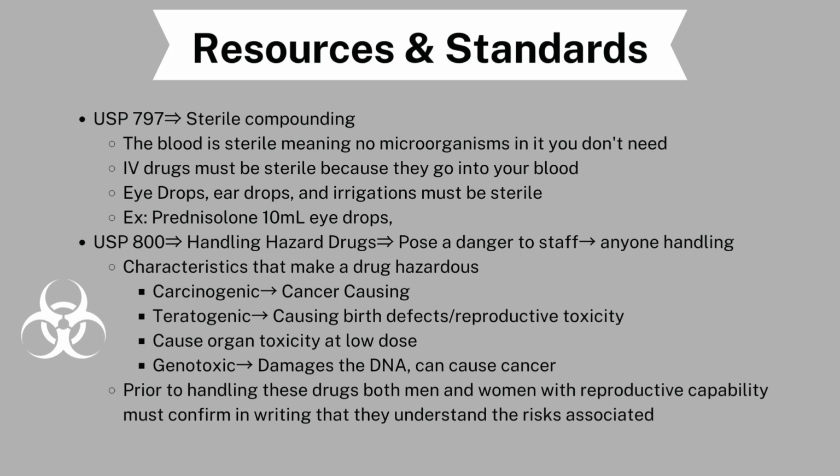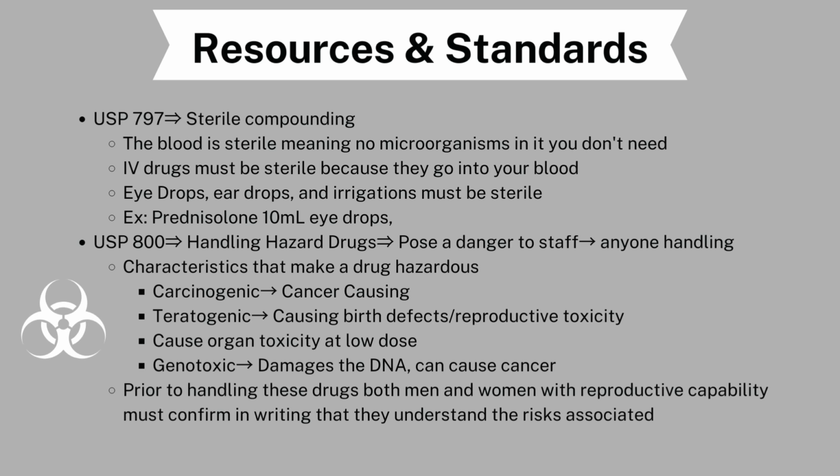Moving on to USP 800, and this section is for handling hazardous drugs. They pose a danger to staff or anyone who comes into contact with them, so we do want to be careful when dealing with them. Characteristics that could make a drug hazardous are: it could be carcinogenic, meaning it could cause cancer; teratogenic, meaning it could cause birth defects; it can cause organ toxicity; it could also be genotoxic, meaning it could damage anyone's DNA.